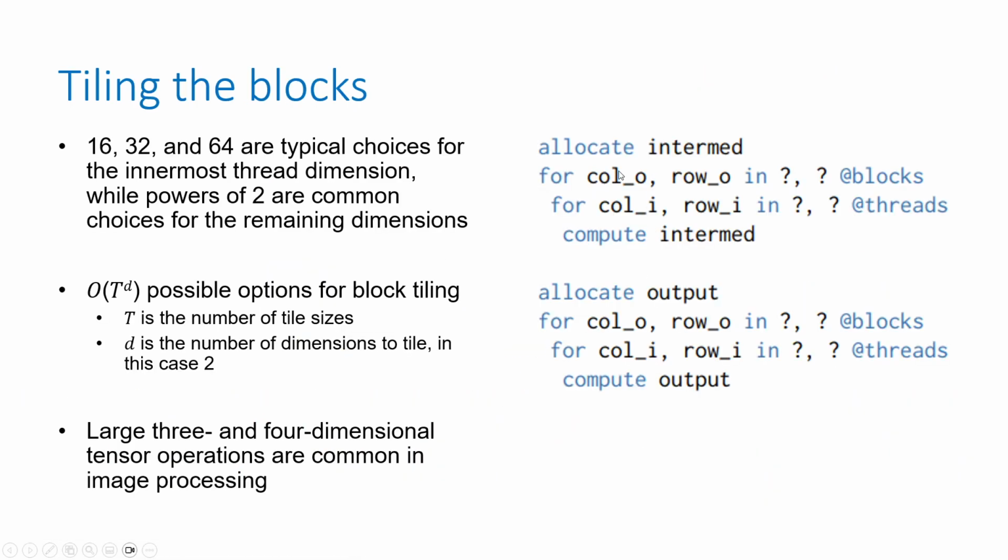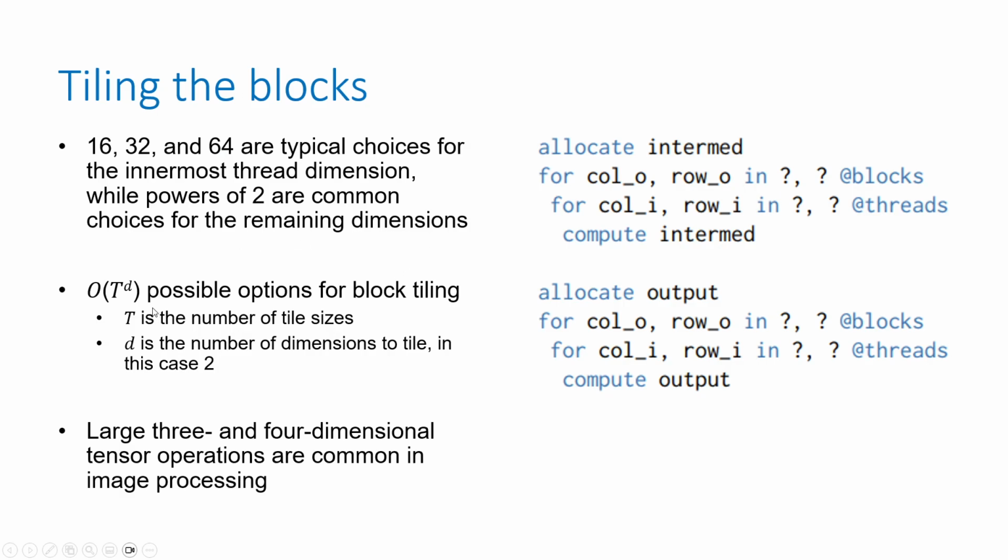So that's one of the purposes of tiling, to be able to allocate the computation to a particular computational unit of the GPU. For the innermost, the thread one, usually they use values like 16, 32, and 64, and powers of 2 for the remaining outer dimensions.